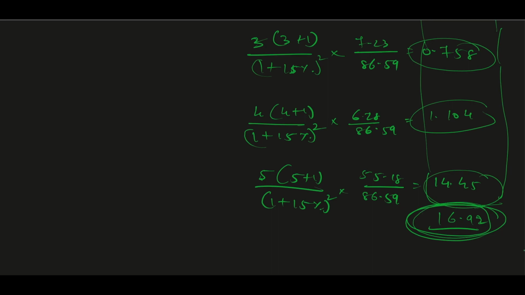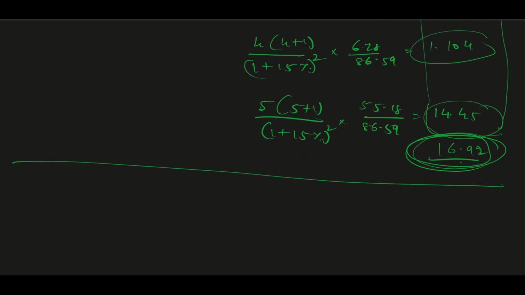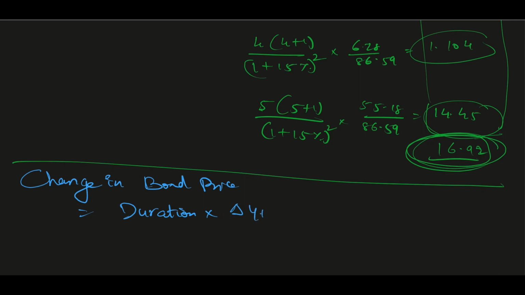Then the next one is the change in bond price. The formula is duration into delta YTM. Here I am assuming the interest rate is going down, so it is duration into delta YTM plus half, or you can say 0.5, of convexity into delta YTM square, as it is the second derivative.